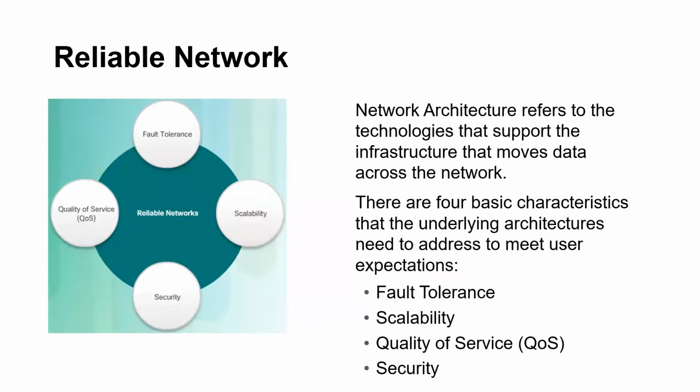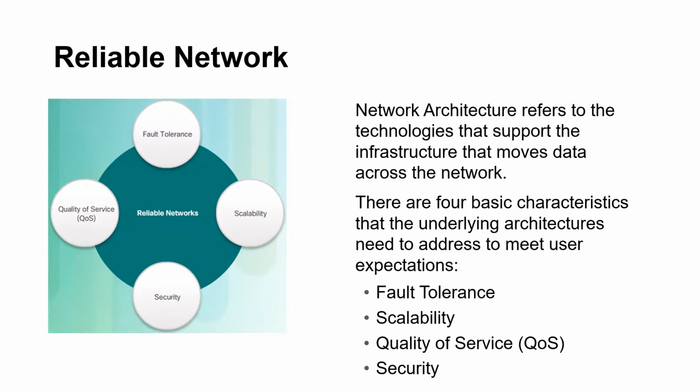Building a network needs to have a reliable network. A network architecture refers to the technologies that support the infrastructure that moves data across the network. And we have four basic characteristics that the underlying architectures need to address to meet user expectations.